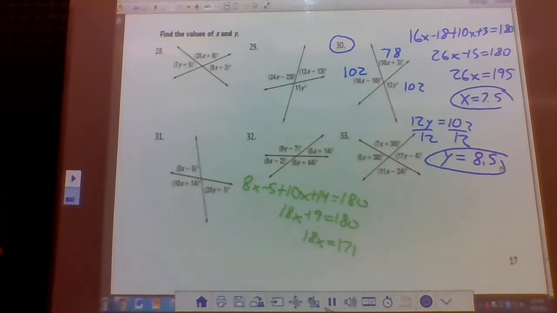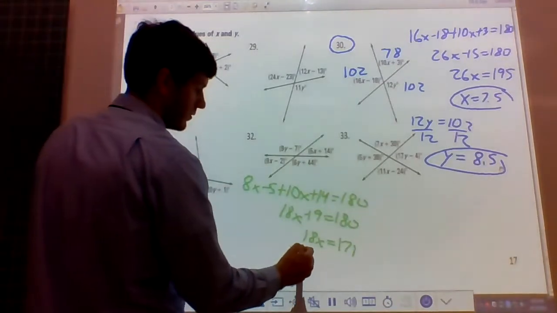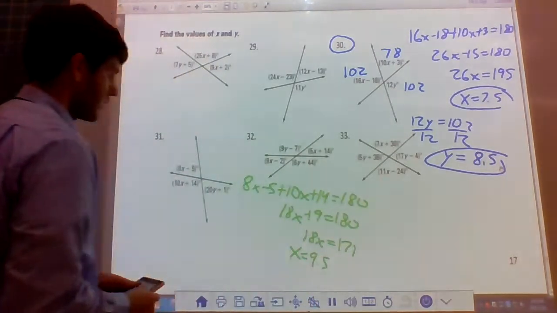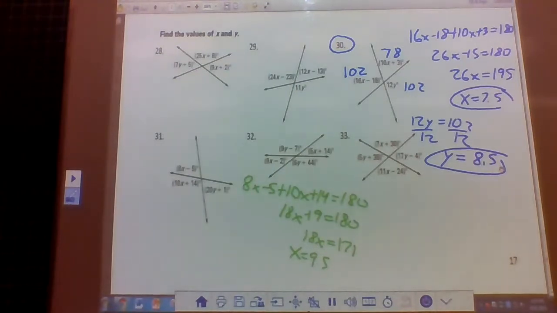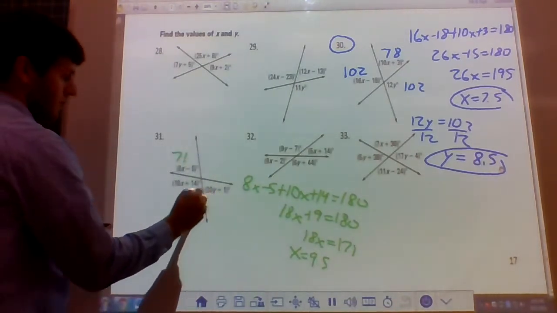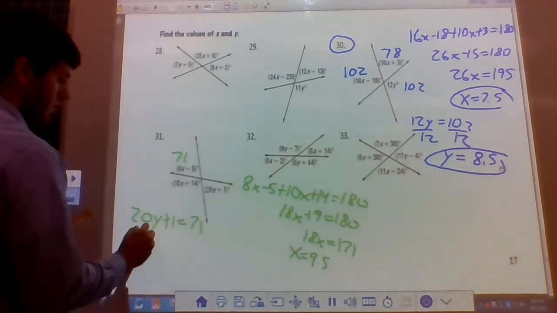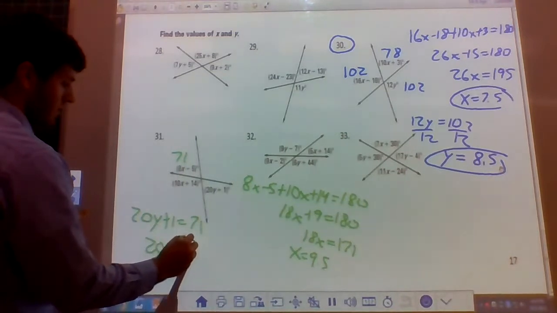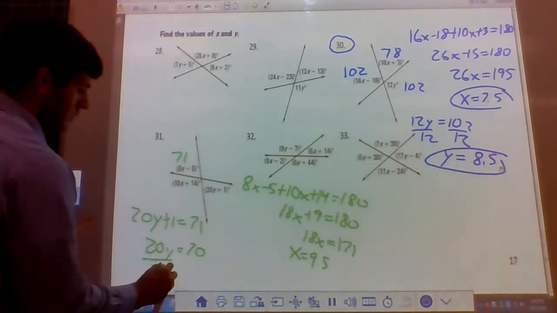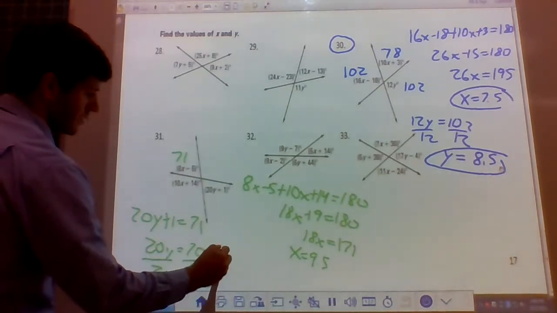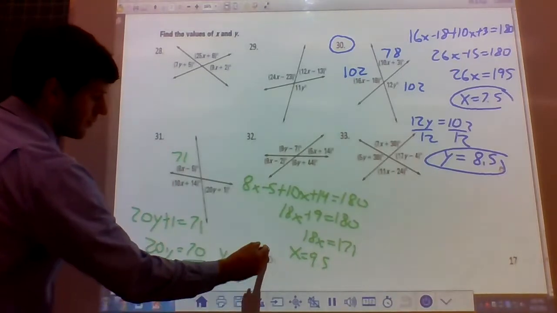Divided by 18, that's going to give us x equals 9.5. So we can plug that back in, times 8 minus 5, 71. So that means this 20y plus 1 equals 71. So 20y is going to equal 70. So y is going to equal 3.5.